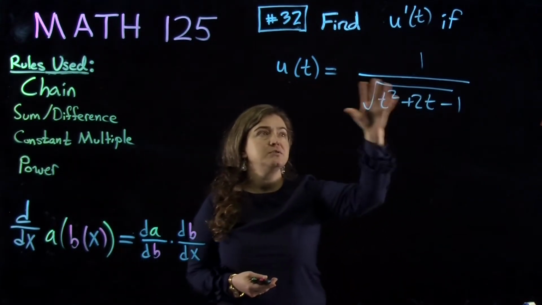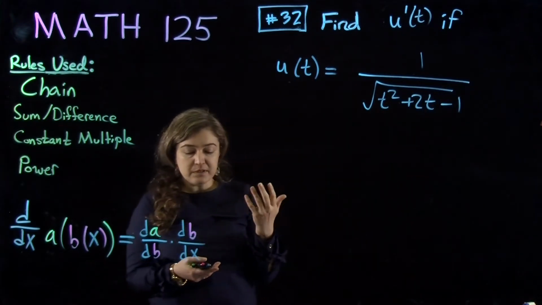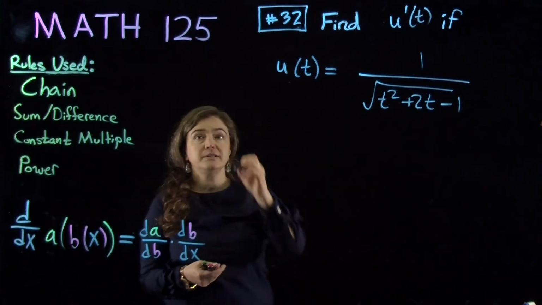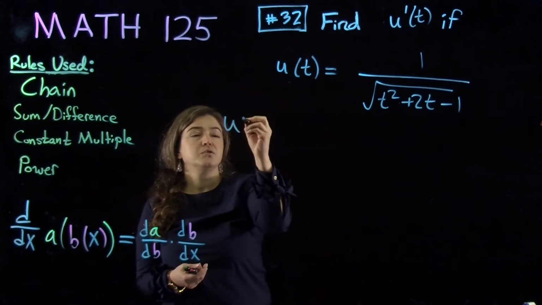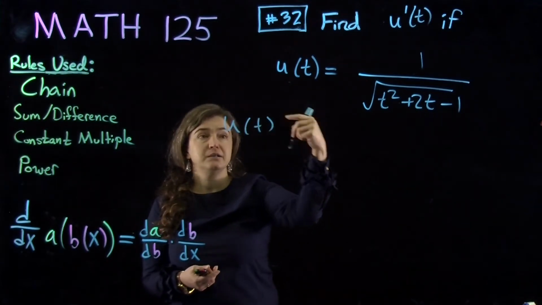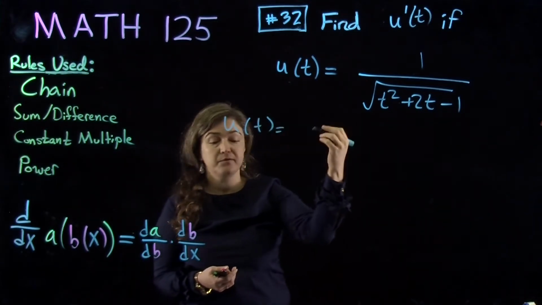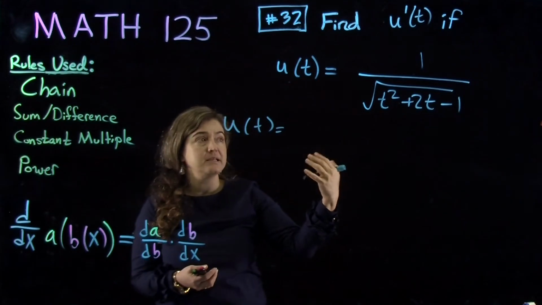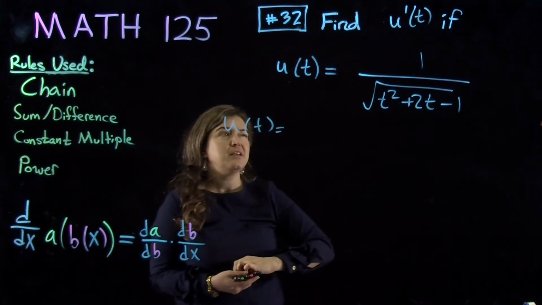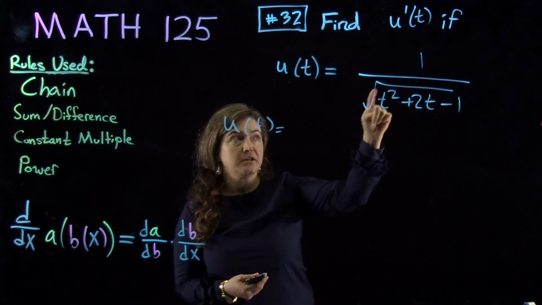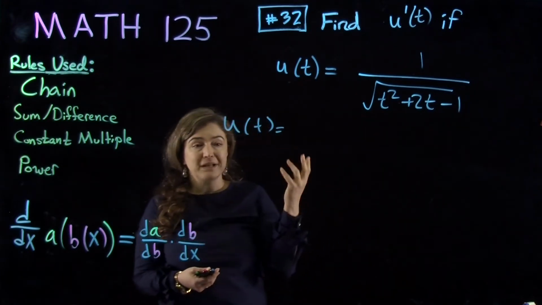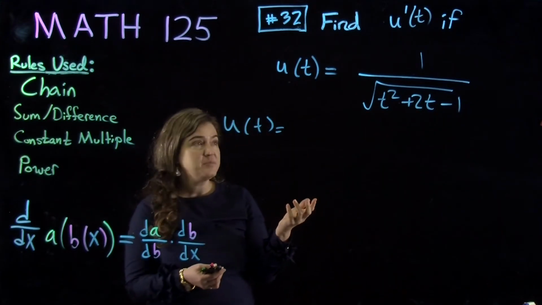So how do we use the chain rule? Chain rule, there should be an outer and inner function. So I'm rewriting u of t with the form that is obviously inner and outer. Again, when taking a derivative, I do not like radicals. I replace them by exponents most times.